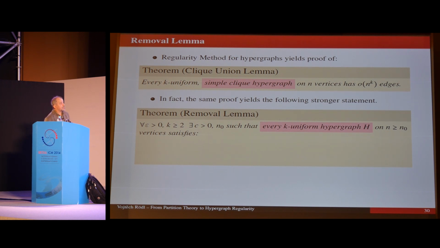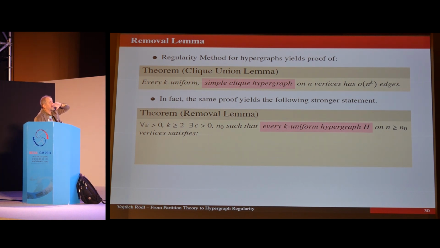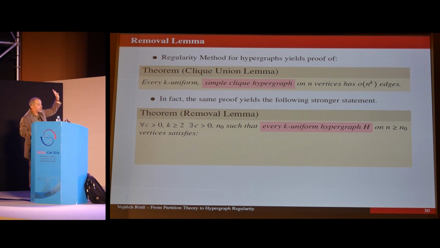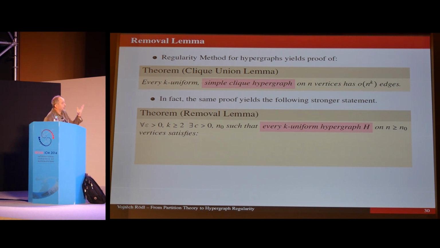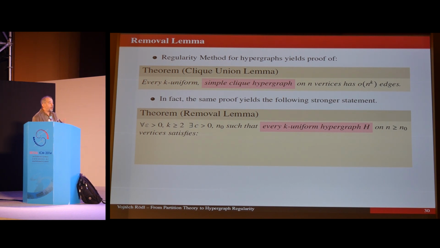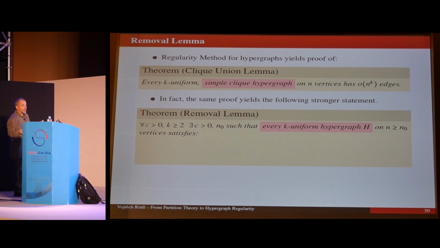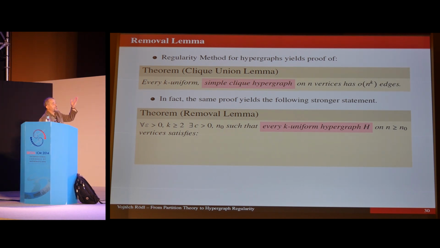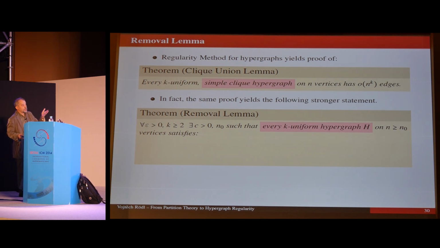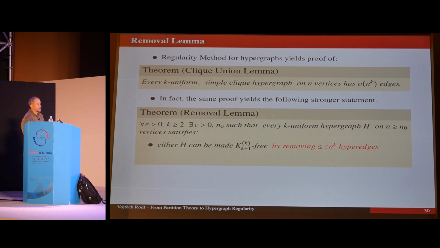So the stronger statement: while the first statement we always restricted to some special class of weird hypergraphs, simple clique hypergraphs, the second statement is true for all k-uniform hypergraphs. But it's a little bit more complicated, so therefore I started with the simpler statement. It states that for every epsilon and k, there exist C and n0, so that every sufficiently large k-uniform hypergraph satisfies one of two conditions.